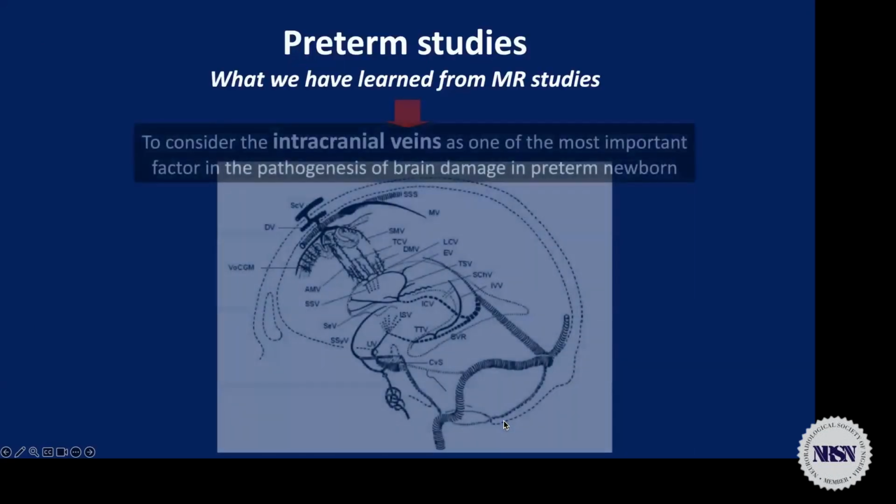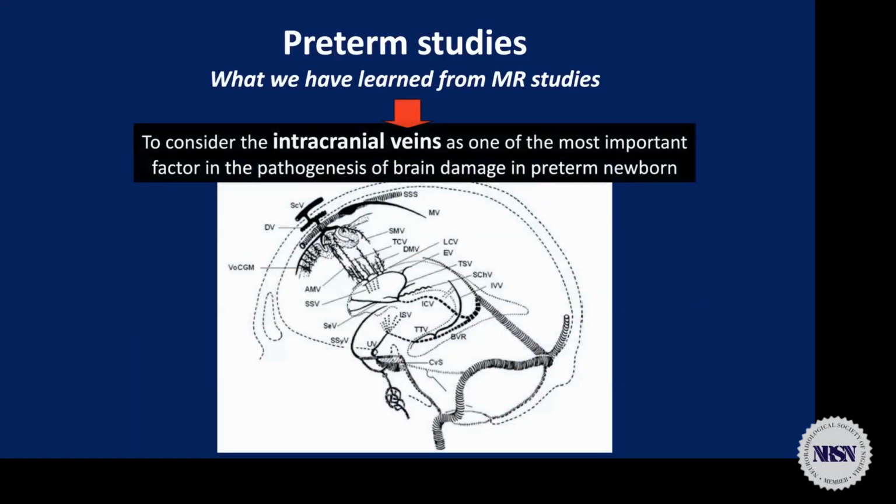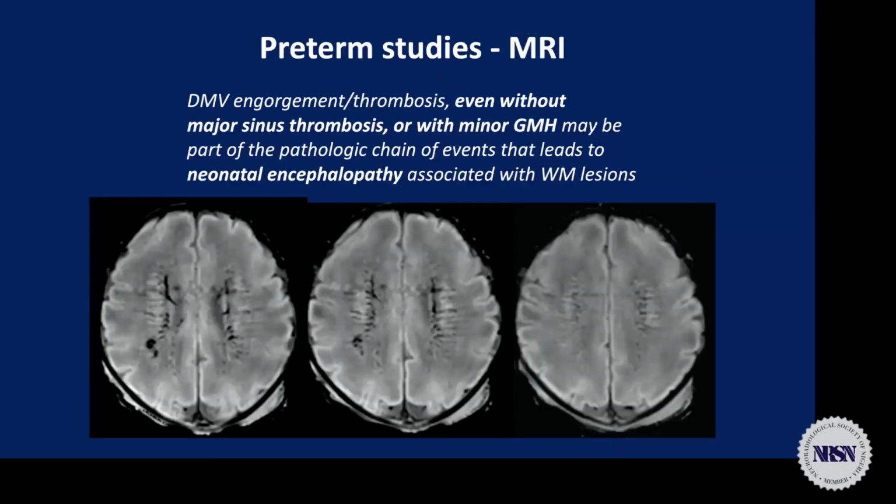So we learn that intracranial veins are very important in the pathogenesis of brain damage in the preemie brain. And even without major sinus thrombosis or with minor germinal matrix hemorrhage, we can find this dilatation, these are susceptibility-weighted imaging studies.